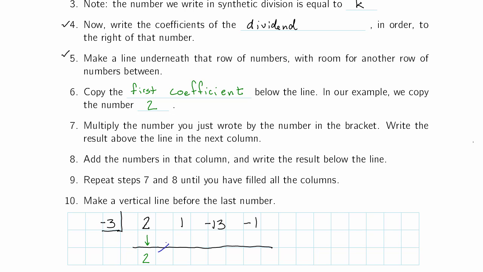First, we multiply the number we just wrote by the number in the bracket. So we'll multiply by negative 3 here. 2 times negative 3 is negative 6. Then we add down the column. 1 plus negative 6 is negative 5.